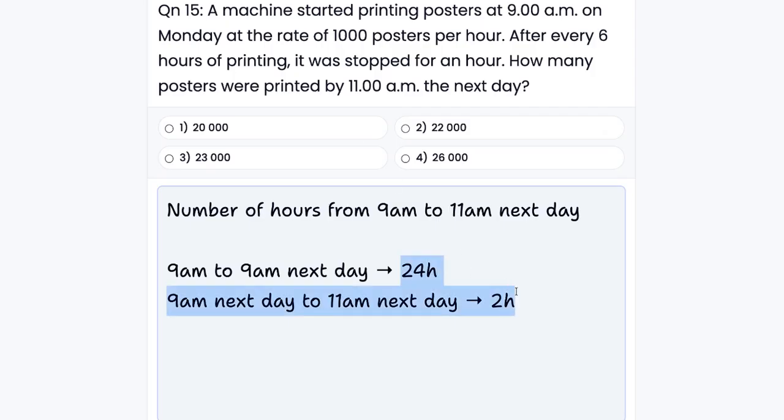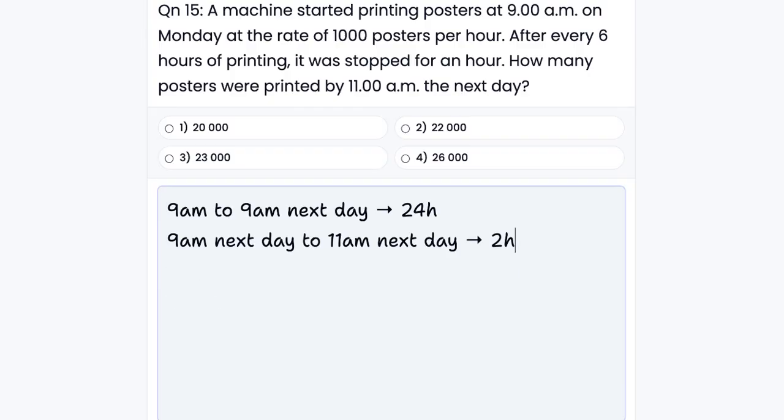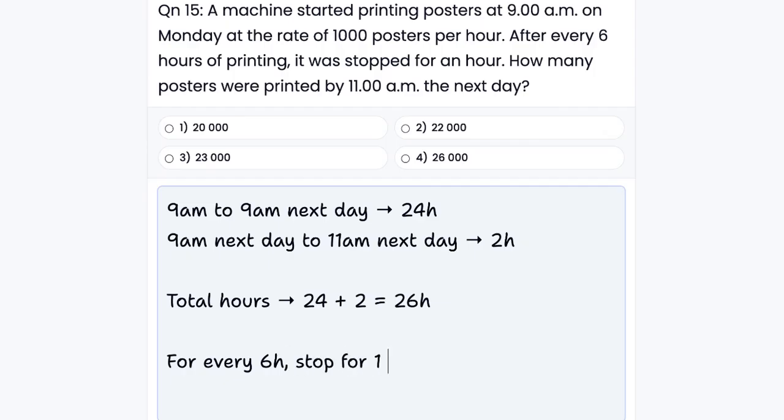Okay, so now if you were to divide by 6, that's not really the correct one. Then total hours is equal to 24 plus 2 equal to 26 hours, right? Okay, so for every 6 hours, we have to stop for 1 hour.